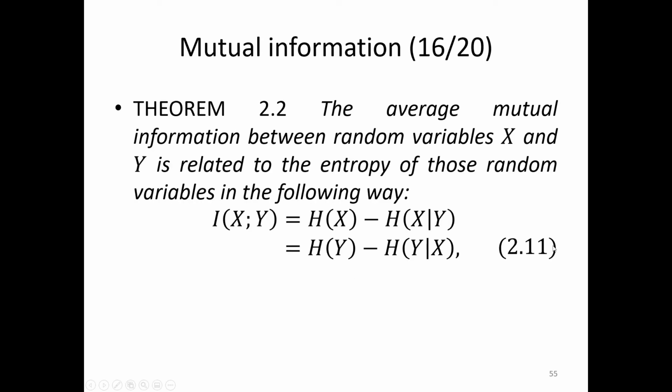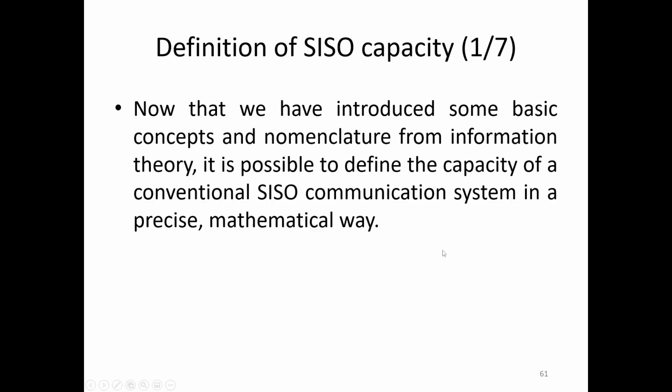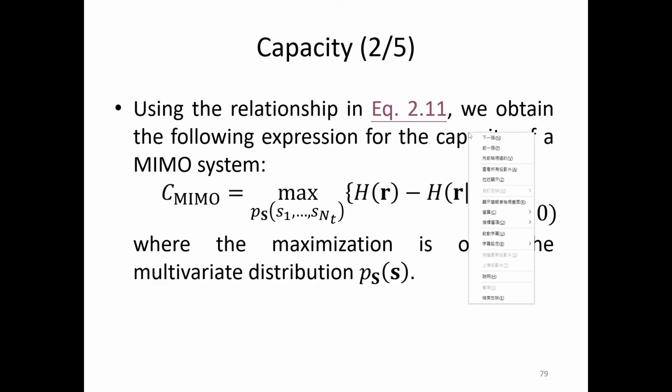Equation 2.11 shows that the average mutual information between random variables X and Y, I of X, Y, is equal to the entropy of X minus the conditional entropy of X given Y, and is equal to the entropy of Y minus the conditional entropy of Y given X.